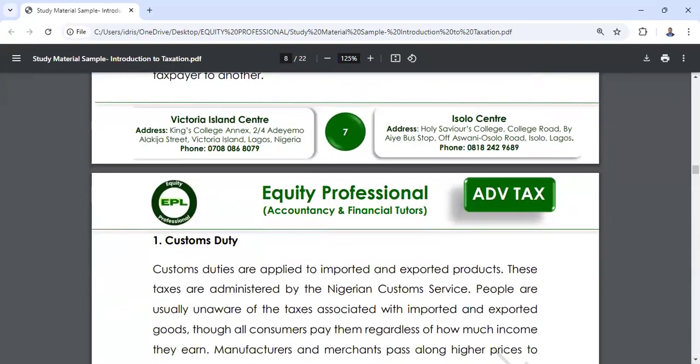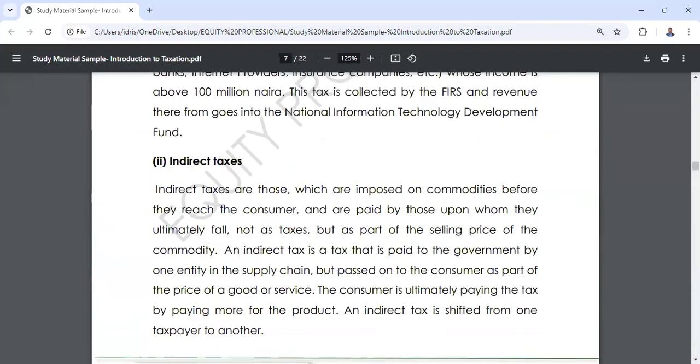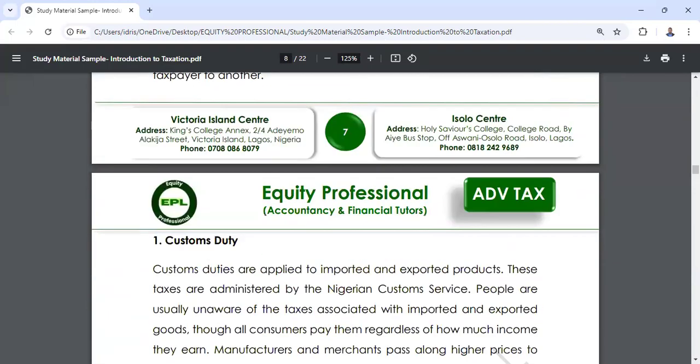What are the types of indirect taxes we have? Customs duties. Taxes collected by the Nigeria Customs Service on imported goods are indirect taxes. It is the final consumer, the person that will buy the good and finally use it, that will pay it. Indirect tax is a multi-shift tax.